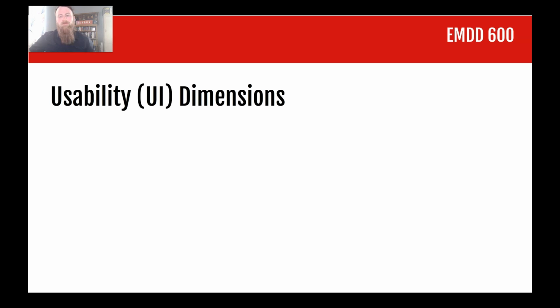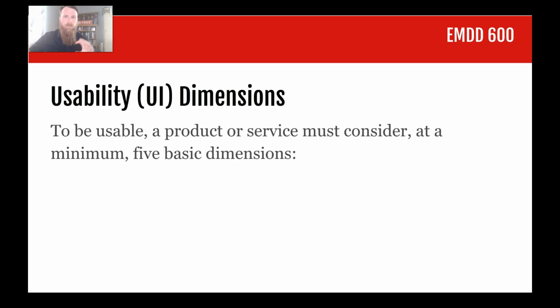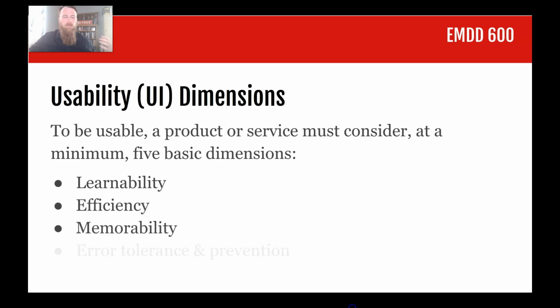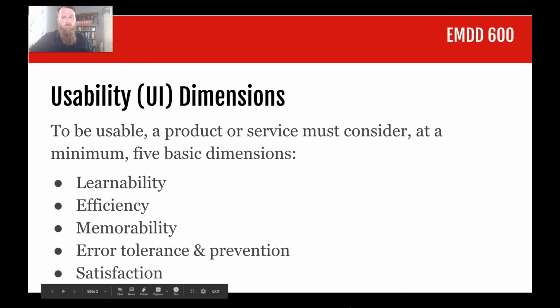So when we talk about the usability of a system, we tend to think about it in terms of at least 5 different dimensions. There's a number of other things that we will get to in the latter part of the semester, but at their most basic, any system, any product or service has to consider these 5 basic dimensions: learnability, efficiency, memorability, error tolerance and prevention, and finally satisfaction, which I'm hoping in this presentation will dovetail for us into user experience and understanding these things.